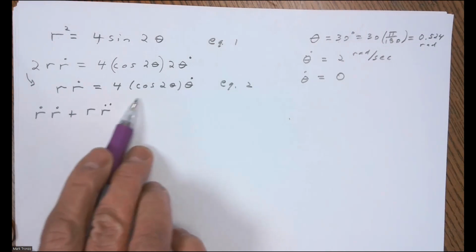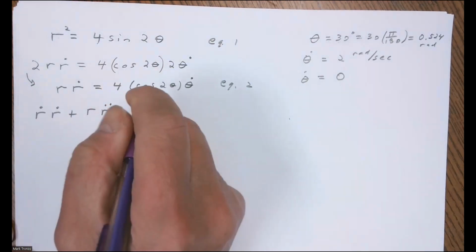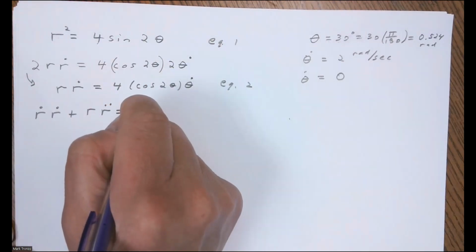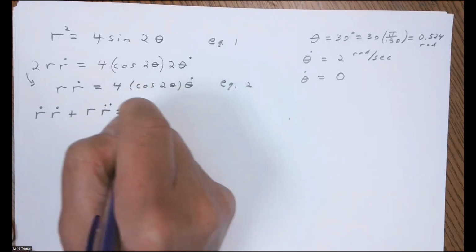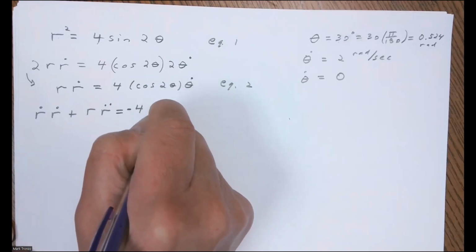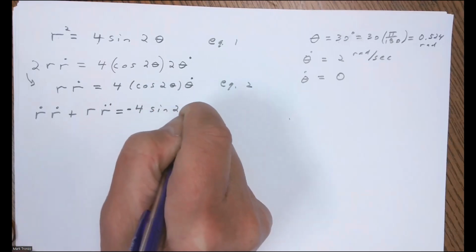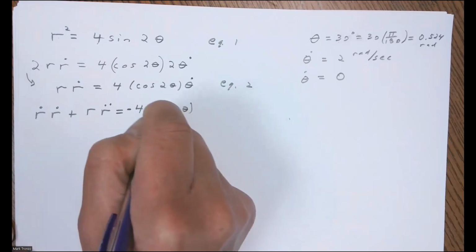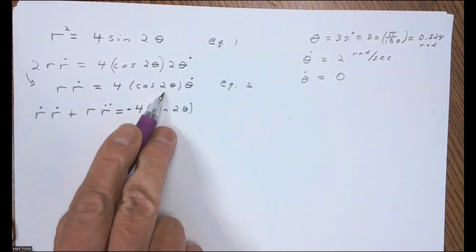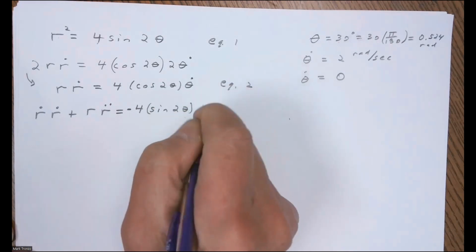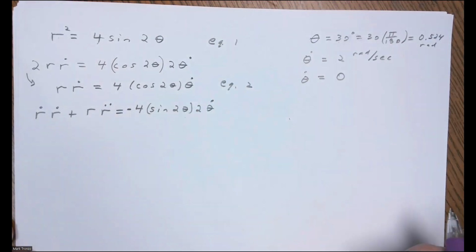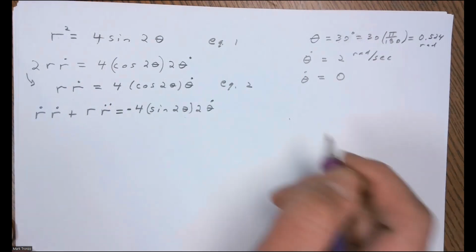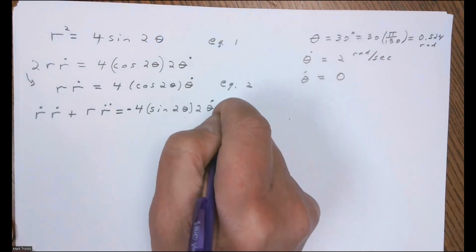Then over here, same deal, the derivative of the first, which is going to be 4. Then we're going to get a negative when we go to sine 2 theta. Then we have to use the chain rule again, so this is going to be 2 theta dot right here, and then times theta dot.